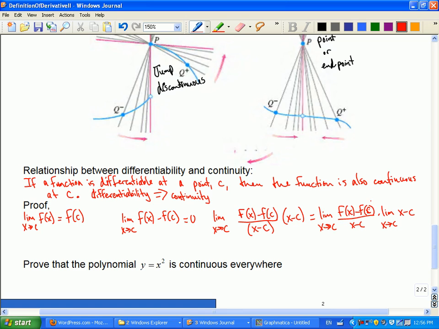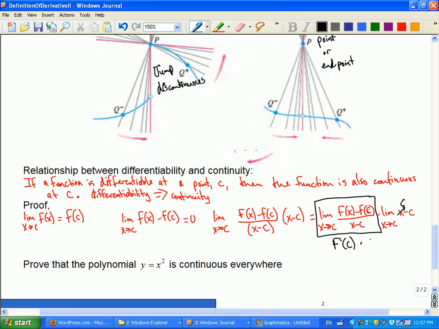Now, I don't know what this value is here, but if I'm told that it's differentiable, this must exist. It must be a number that exists, otherwise there'd be no derivative. This is just the derivative at c. And this piece here, as x goes to c, that's going to be c minus c, which is 0.